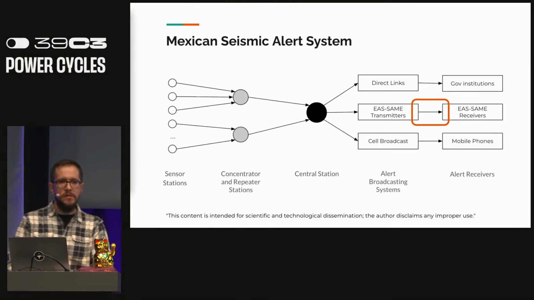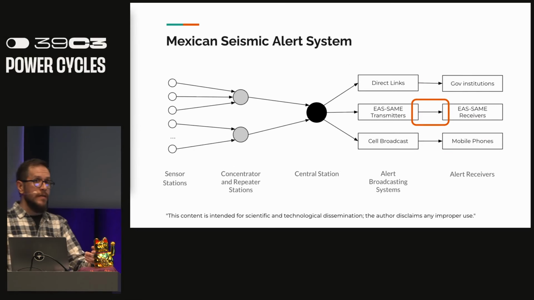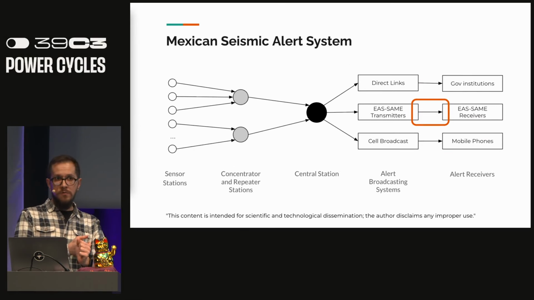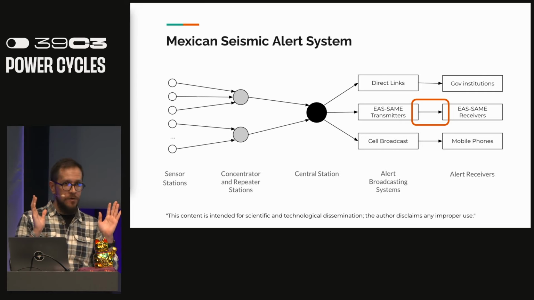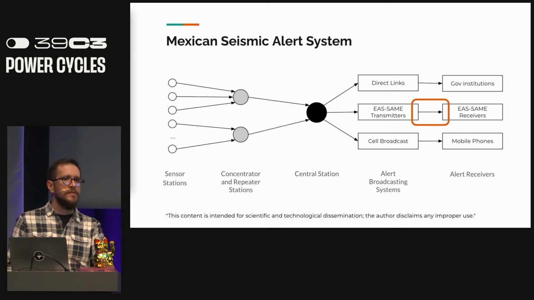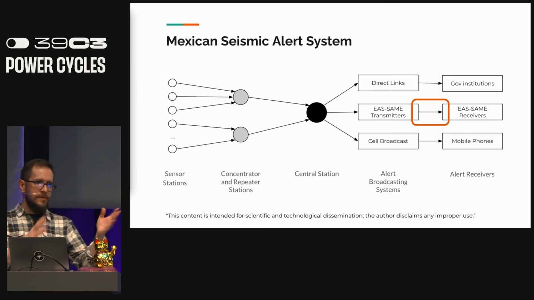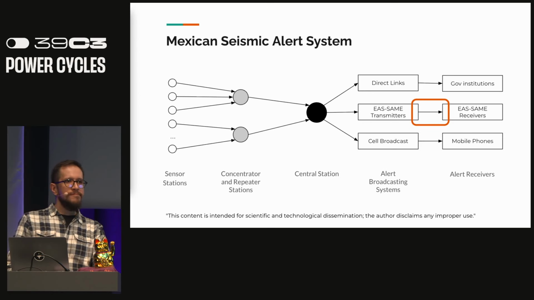In fact, the system began with direct links to the television network and the radio stations, and then there was this network of transmitters that we talked about. And now, at least that I know, the third generation is the cell broadcast integration of this system.